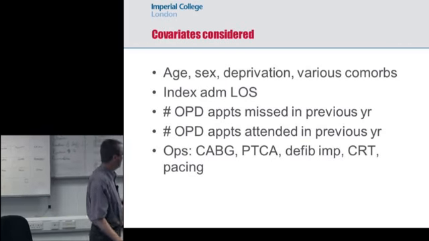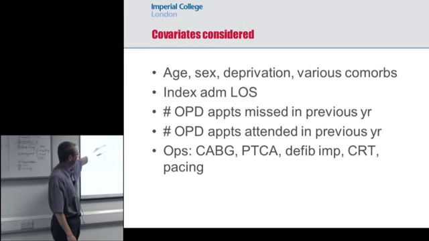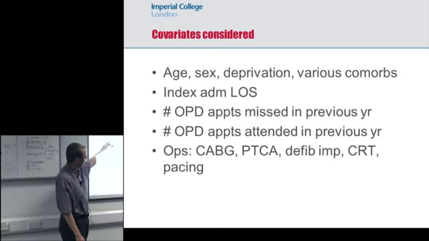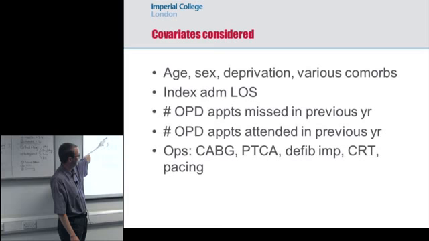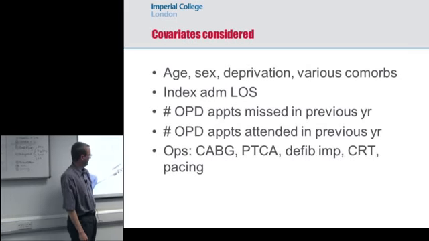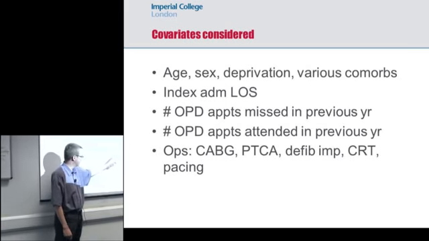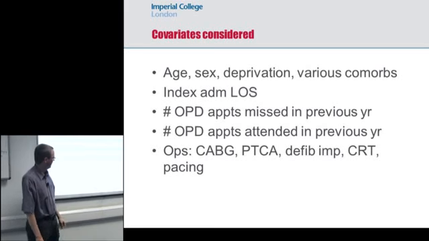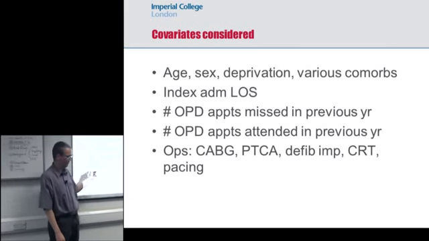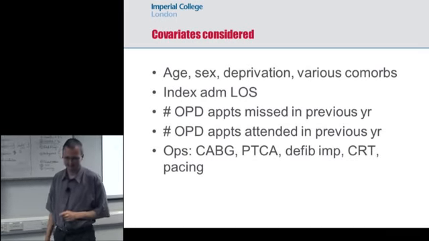And HES has outpatient data nicely attached, so I looked at the number of outpatient appointments they had attended in the previous year and the number they had missed. We also looked at some procedures: heart bypass, angioplasty, defibrillator implantation, cardiac resynchronization therapy, and other kinds of pacing.